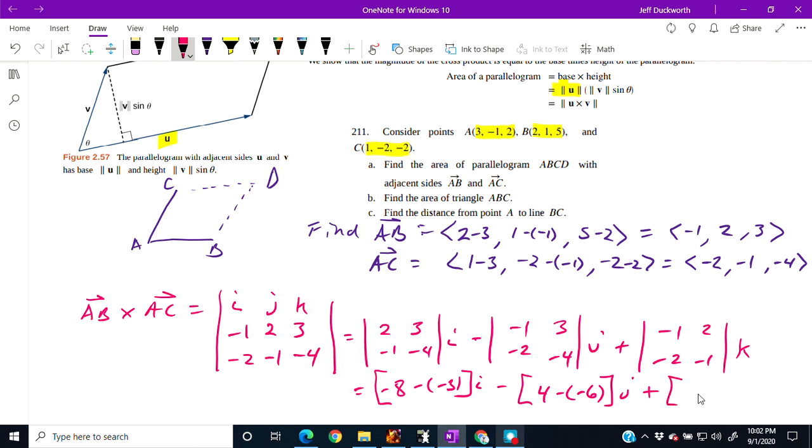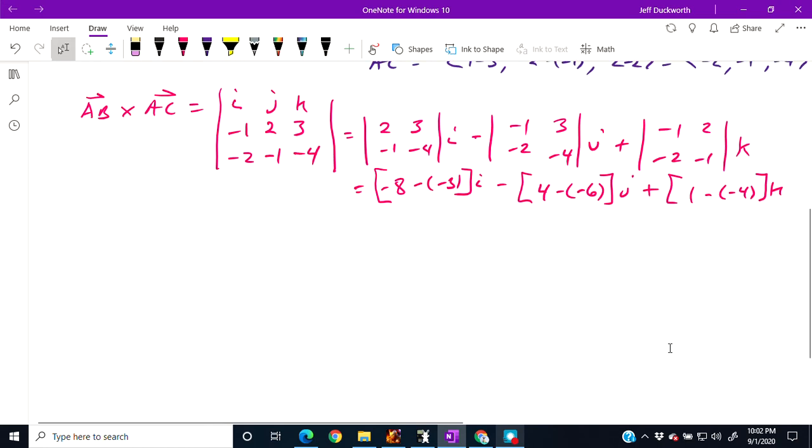And here we have 1 minus negative 4, that's k. So that's going to give us, what are we looking at, negative 5 i, minus 10 j, and, excuse me, positive 5 k. Okay.